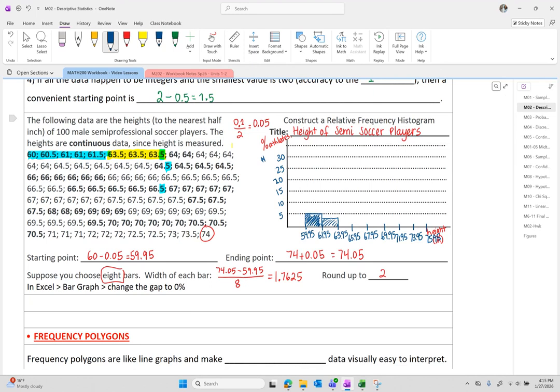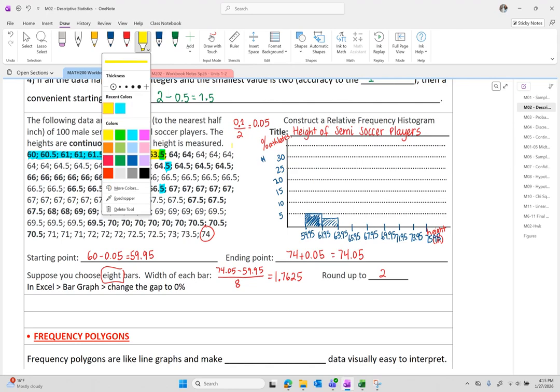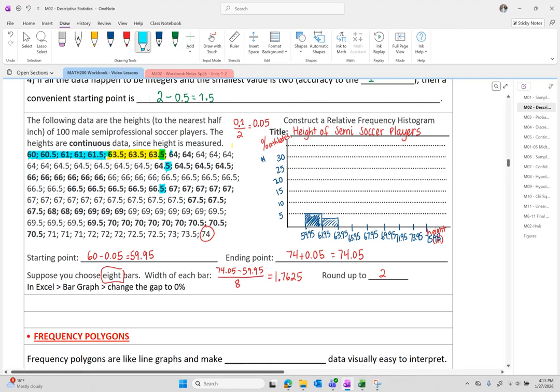And then from 63.95 to 65.95, I would have, let's go back to blue, 64, 64, 64, 64, 64, 64, all of these guys. And that's it. 64.5, because the next one is 66 and it's out of that class.